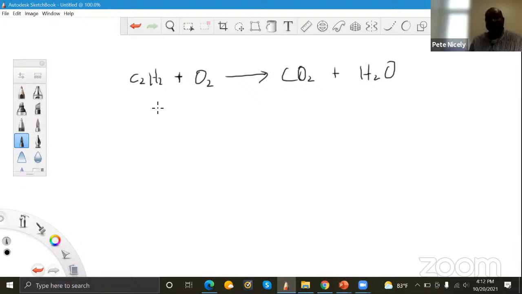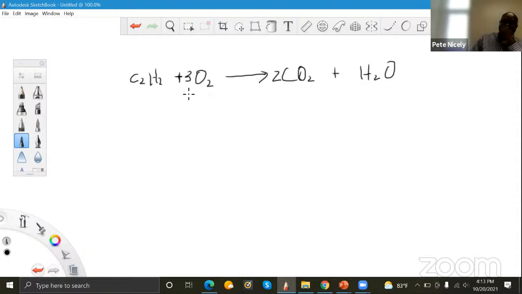Well, put a 2 in front of the CO2, okay. Anything else? Put a 3 in front of the O2, you sure about that?